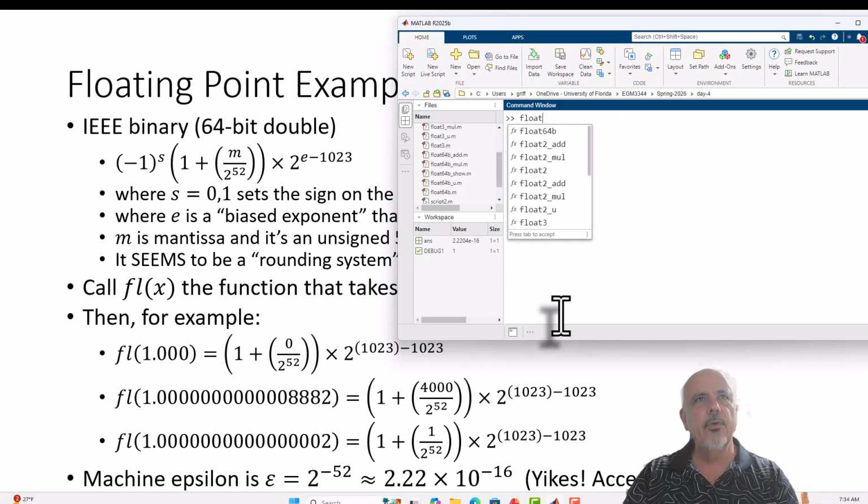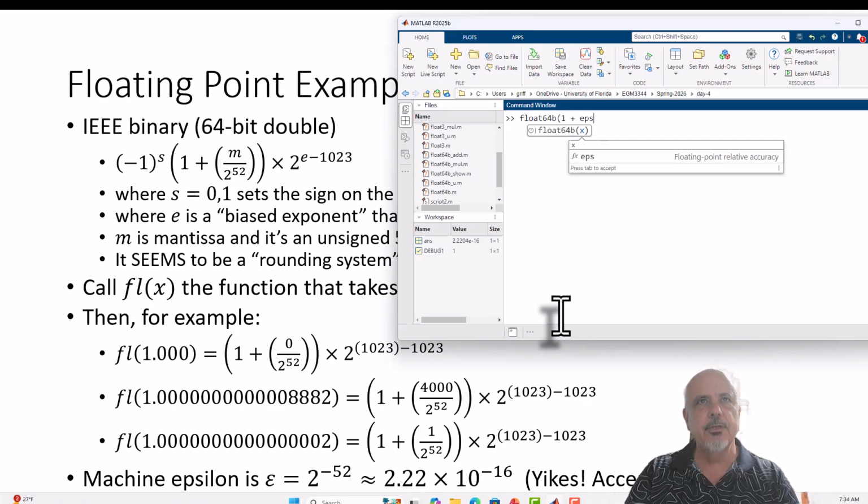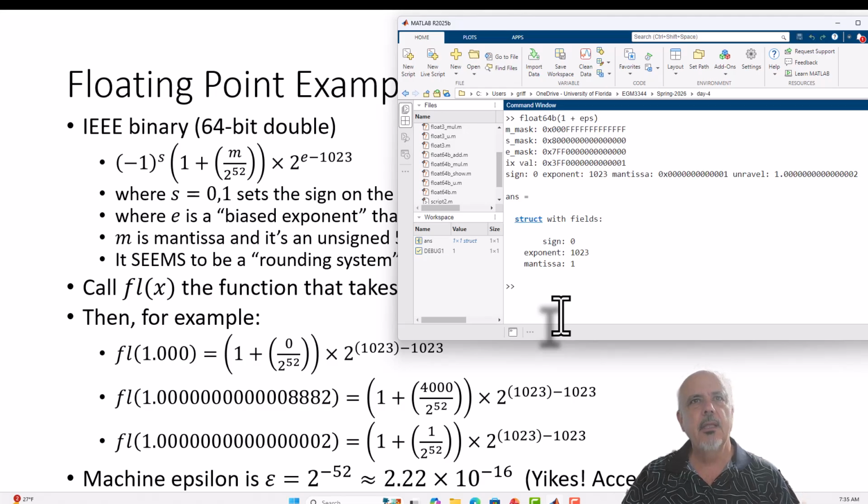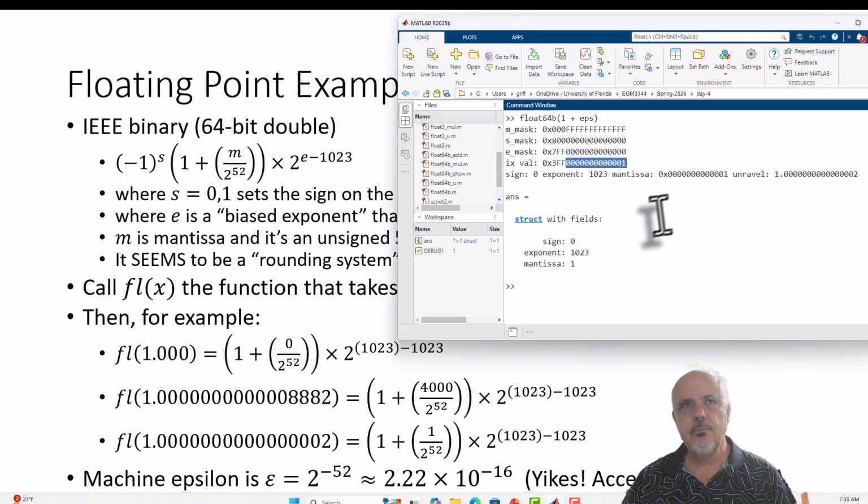What if I did a float64b of 1 plus EPS? So this EPS is what they're claiming the double floating point machine precision, or epsilon, is. Let's see what that gives me. Yeah, so that's what it was. It gives you that 1 for the mantissa. Sign 0, same exponent.